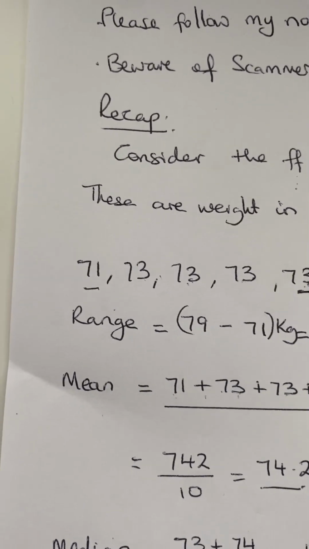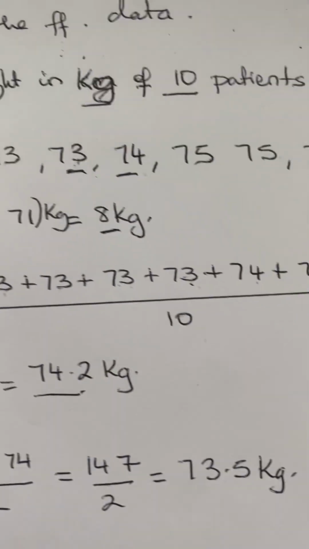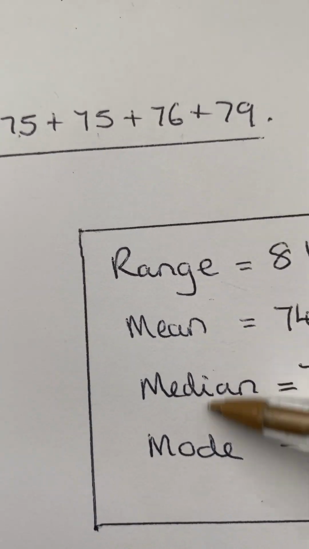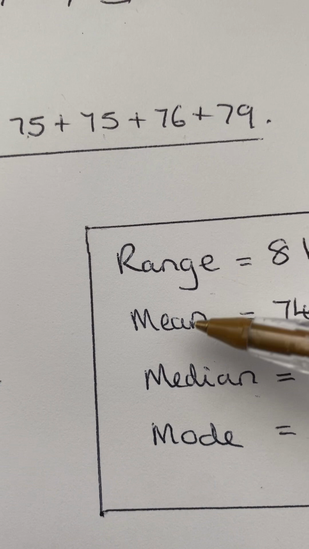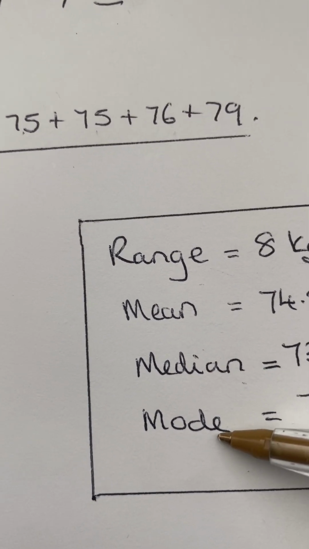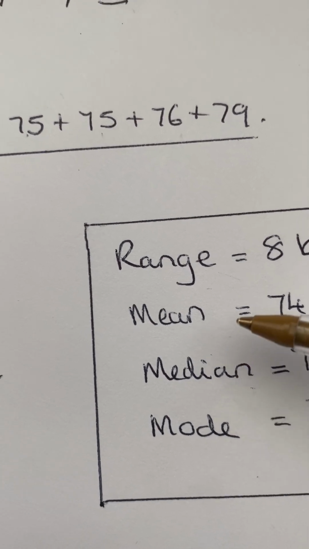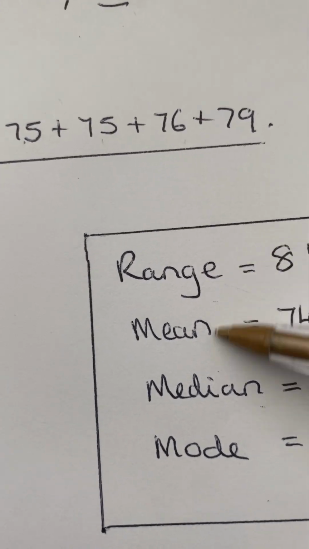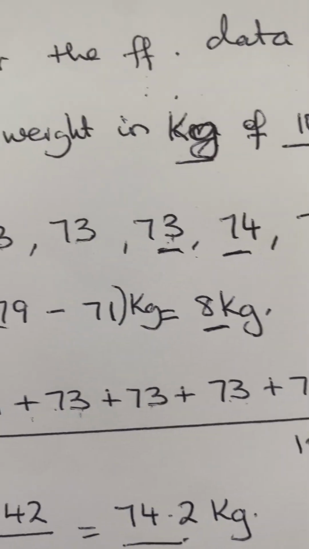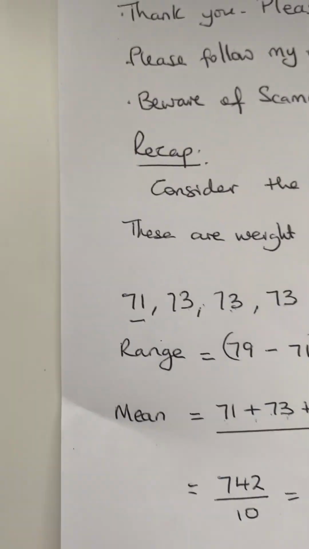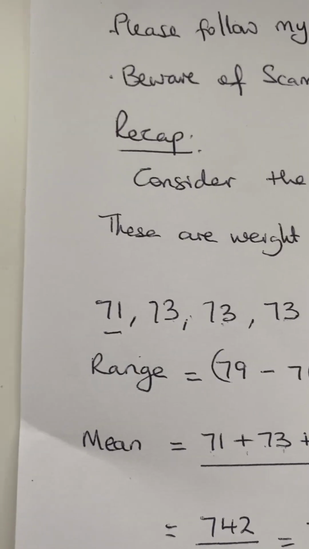Now I've introduced you to these averages: range, mean, median, and mode. Okay, so I've shown you how to calculate them from a small set of data. So let's do a quick recap on those.